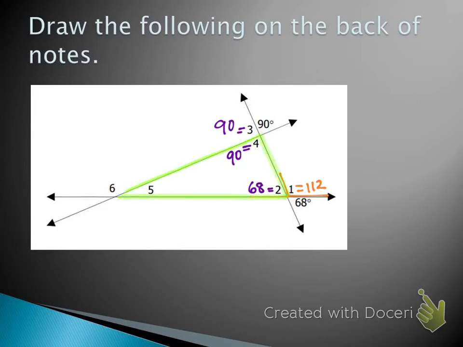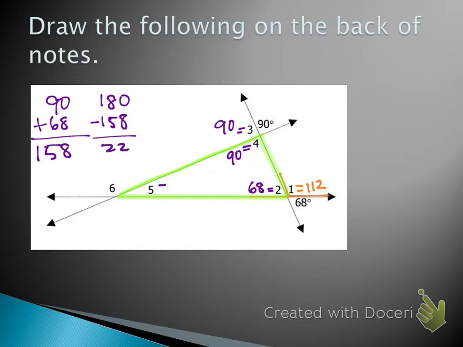Yeah, add angle 4 and angle 2, and then subtract them from 180, because that is a triangle. So we got 90 and 68, which makes 158. And then subtract that from 180, which is 22.